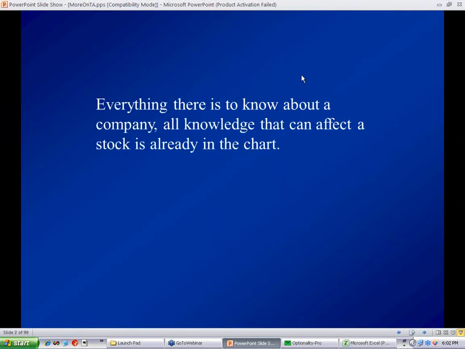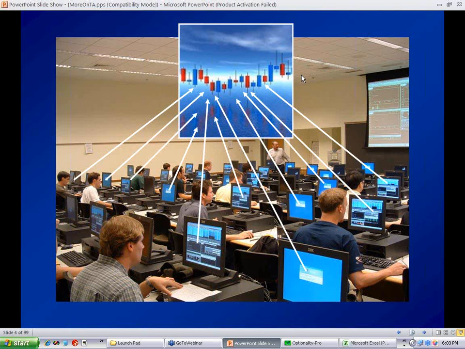And that is that everything there is to know about a company, all knowledge that can affect a stock, is already in the chart. The reason is because the chart, which is the price and volume action of a stock, is the result of every trader in the universe placing actual real bets on that stock, buying and selling.